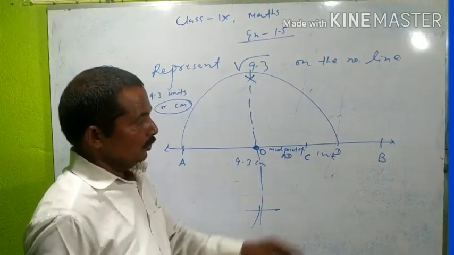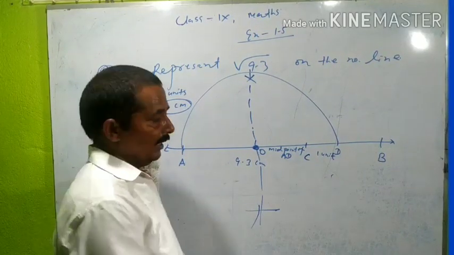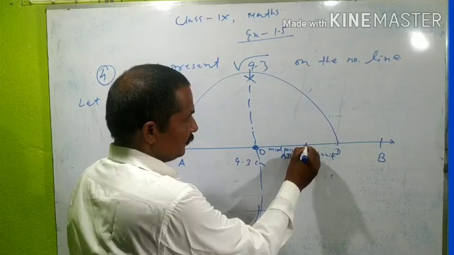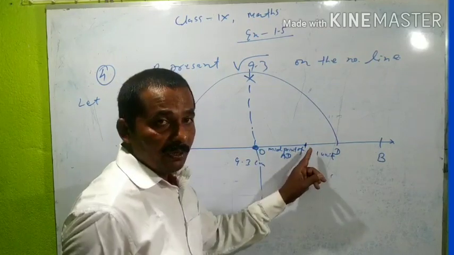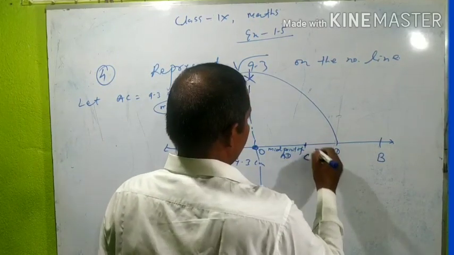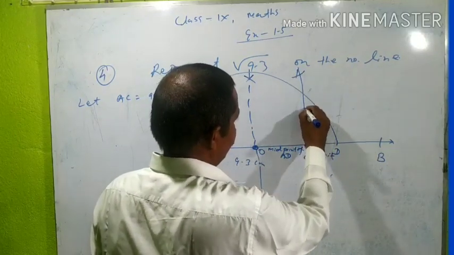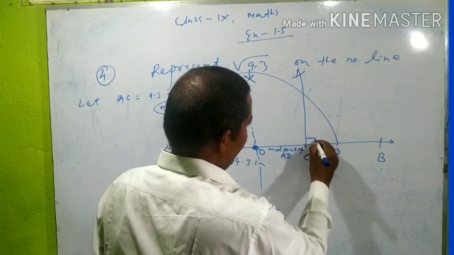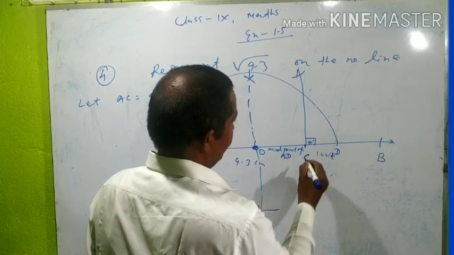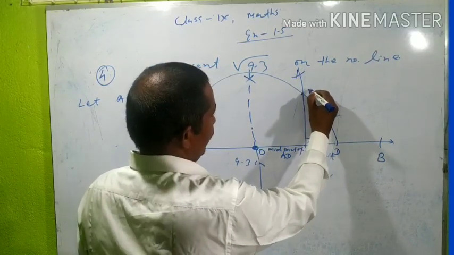Then you will draw a perpendicular line at C. Like from one arc you will take here, a perpendicular line, 90 degrees. And suppose it is point E now.